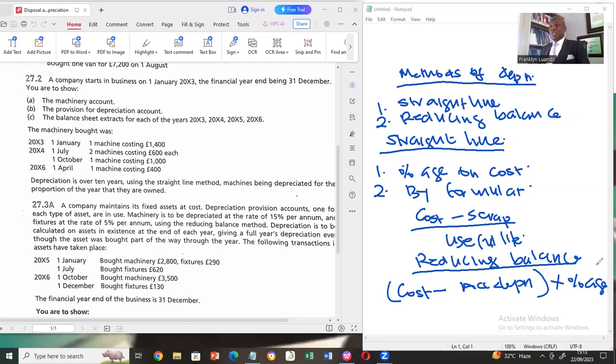So that is how you calculate depreciation under the reducing balance method. Now we are going to look at a question, which will be the first question here, which will be 27.1.